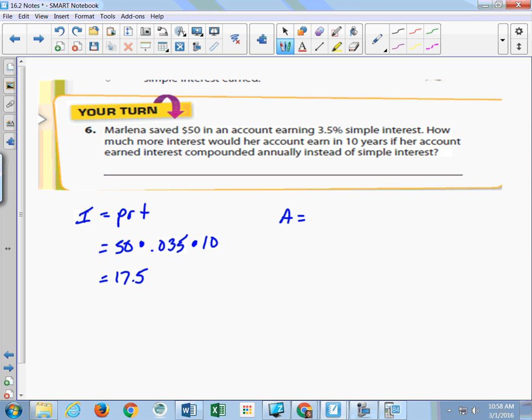Now let's see how much we would have earned from compounding. So A equals P times 1 plus R to the power. So we're going to have 50 times 1 plus 0.035 to the 10th power. Calculator.